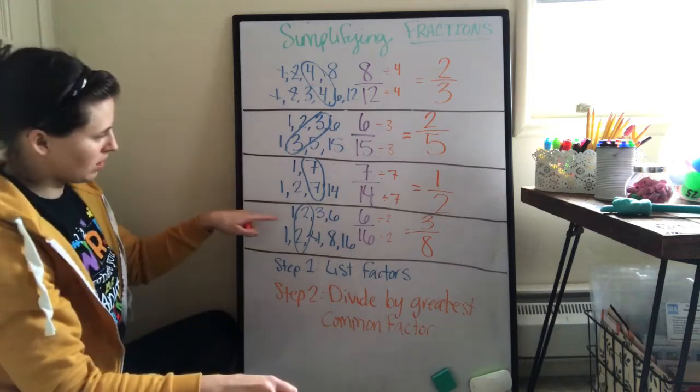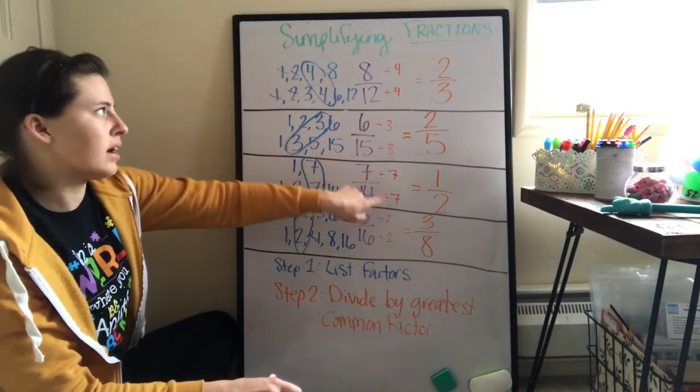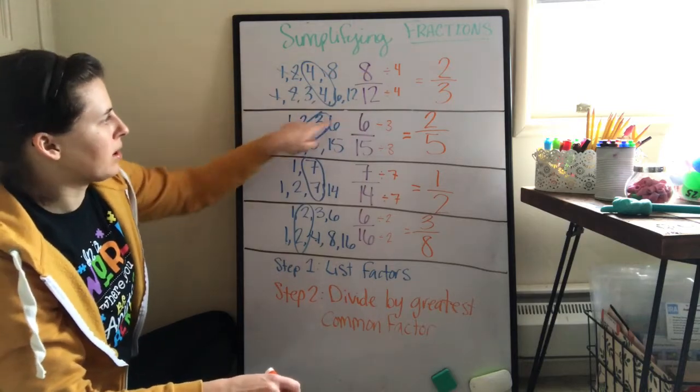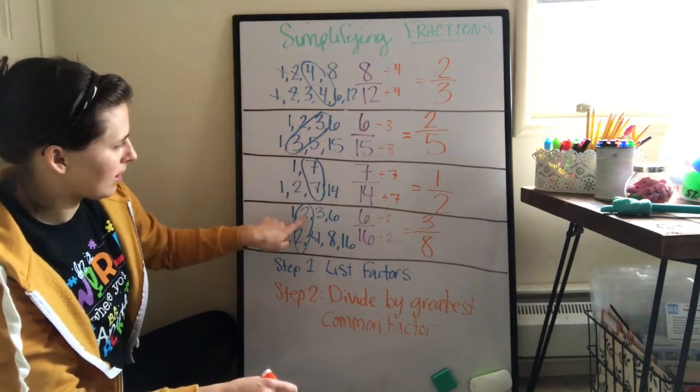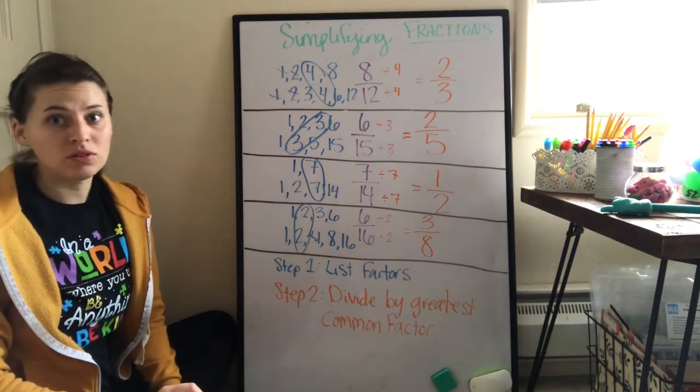That means whatever number is the biggest that they both have in common, that's what we divide by. Divided by 4, divided by 3, divided by 7, divided by 2. And that's it. Step 1, step 2.